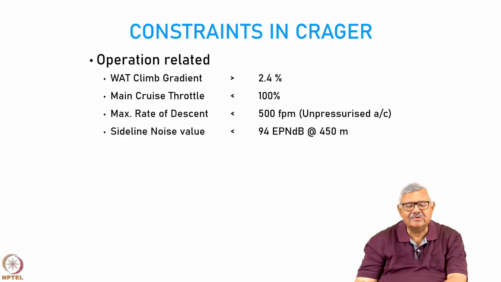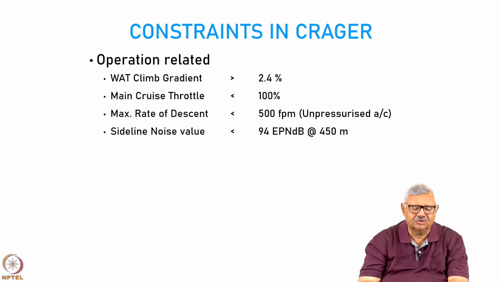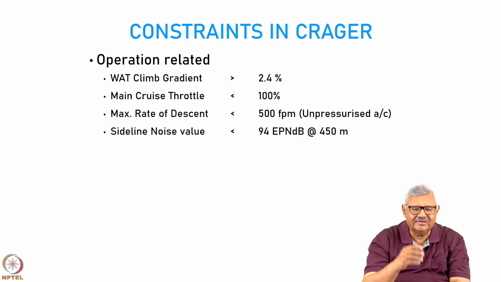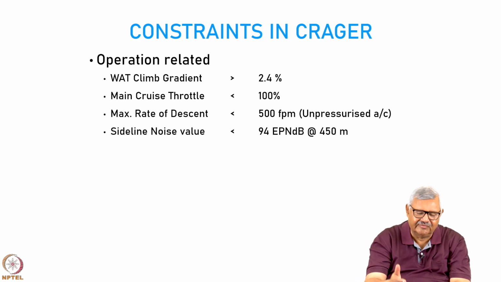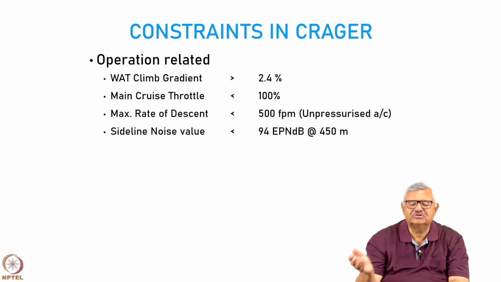Then you have noise values. Any aircraft should not create so much noise that it becomes an annoyance to the people. So, I have covered this in a separate lecture about the 3 types of noise which are measured. One of them is sideline noise, which is measured at 450 meters on both sides of the runway when you are operating.